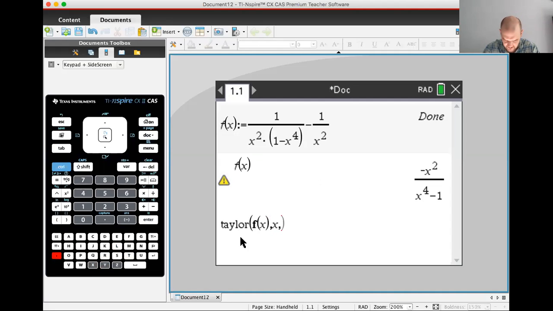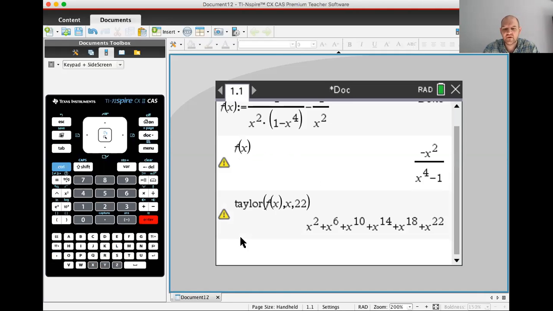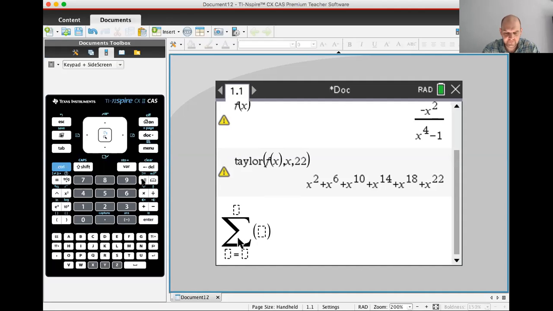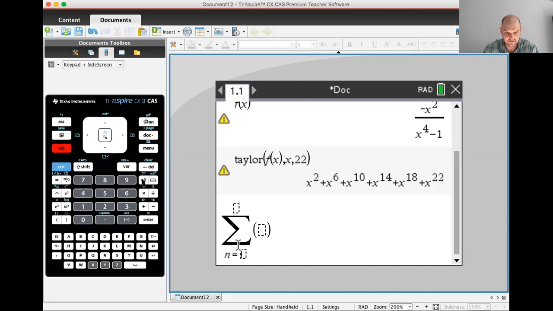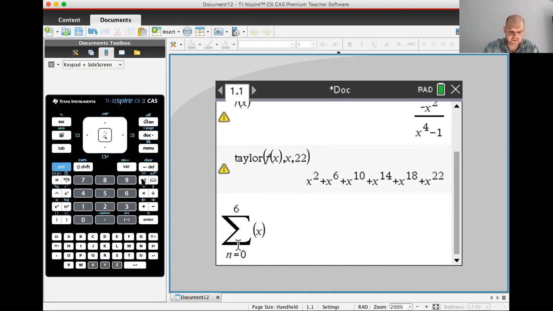Let's go 10, 14, 18, 22. Okay, that's what that is. And then let's type in what we have. So we have from 0, we never did this. Oh, we did. What am I doing? I'm just going to put in the nth term.